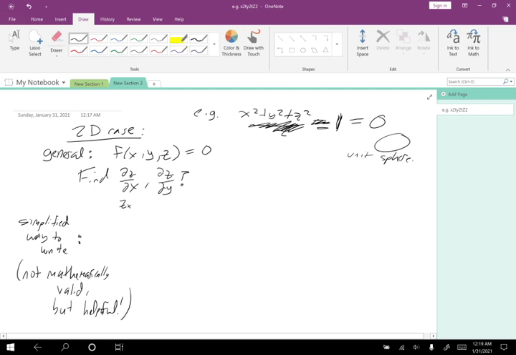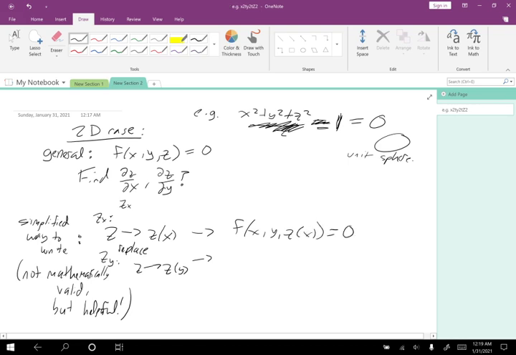What I'm saying is replace z with z of x if you want to find zx. And if you want to find zy, replace z with z of y. So if you do this, then the equation looks like f of x, y, z of x equals 0, and f of x, y, z of y equals 0.